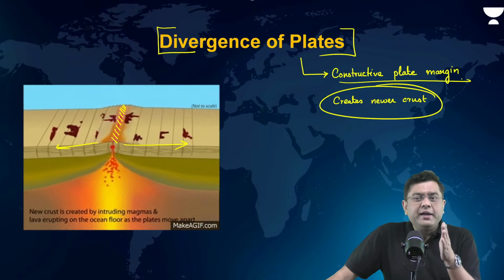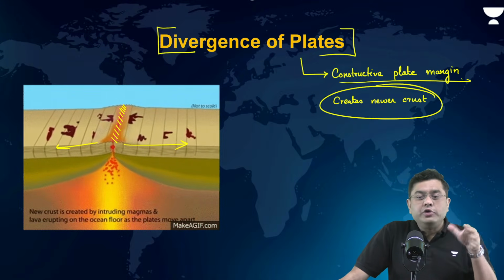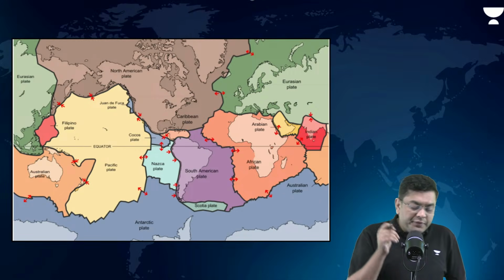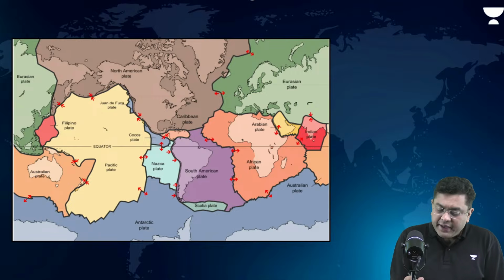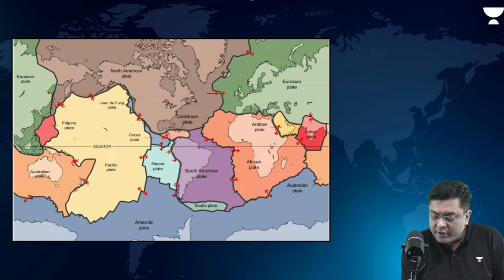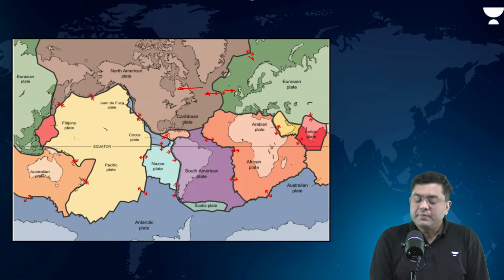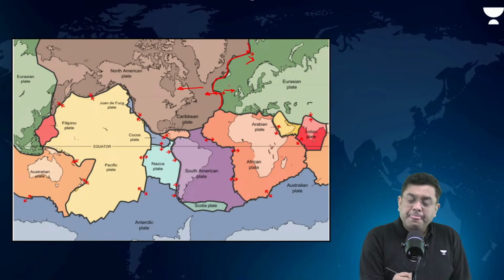So that is where the divergence of plates can always lead to the creation of a newer crust, in most of the cases. You will observe here, this is the map of the various different plates. Observe here, North America is moving in this direction. Eurasia is moving slightly in this direction. So, newer crust is getting created here, right?